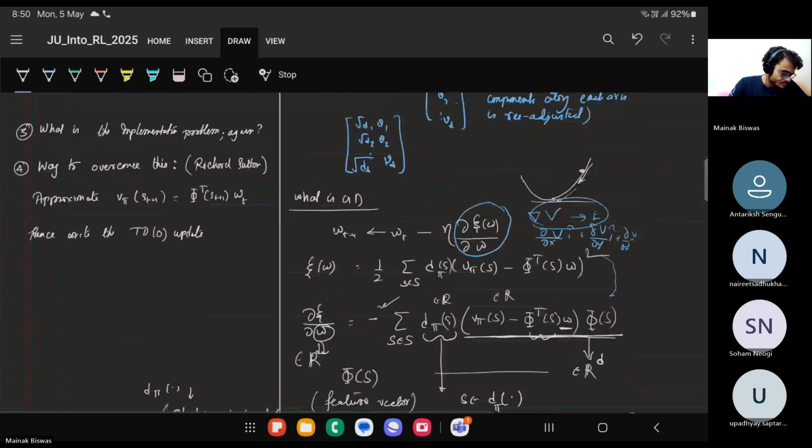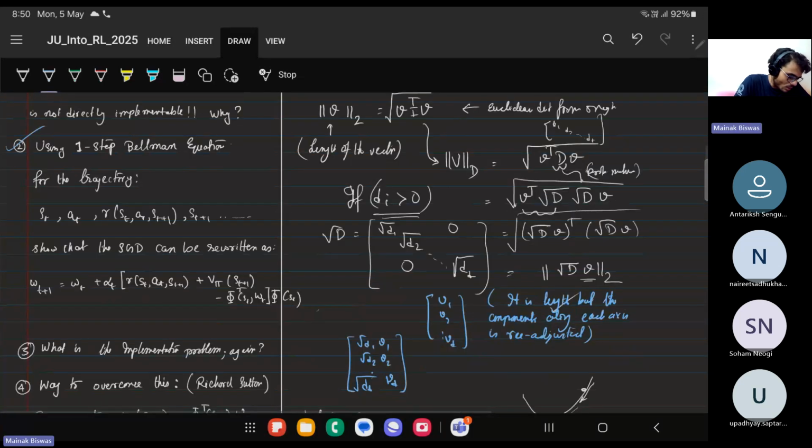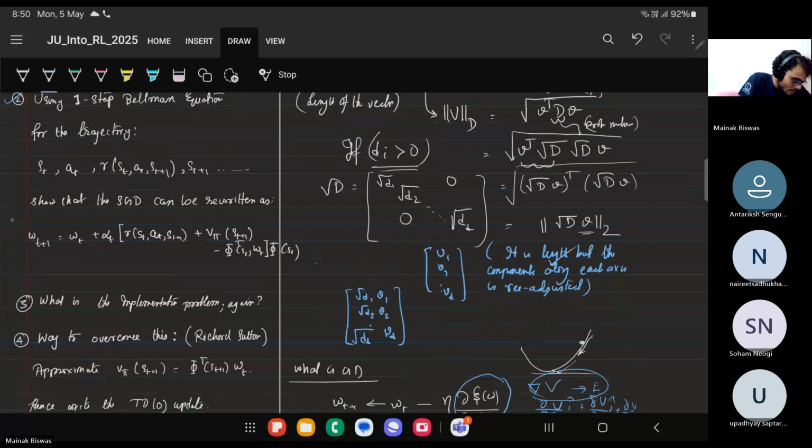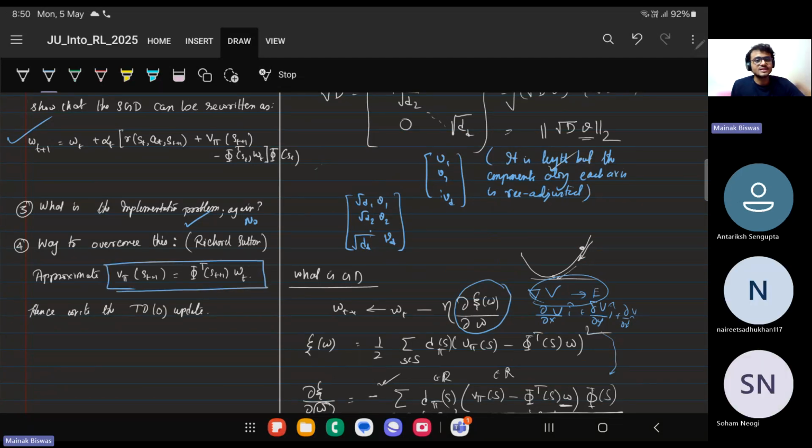So for the one step Bellman equation, we first derived the update step and then said this is not possible to implement. To overcome this, Sutton said we're going to update the value function of the next state ST plus 1 using the same approximation.